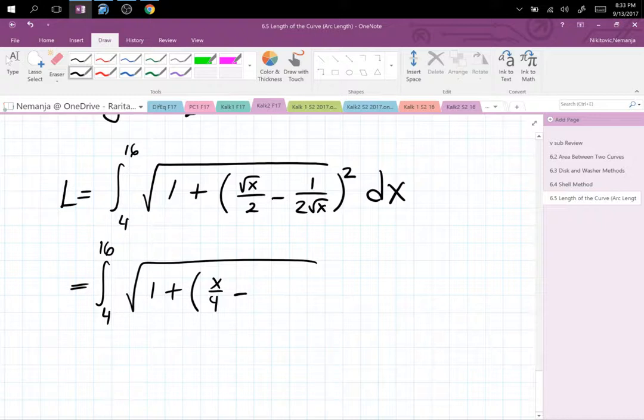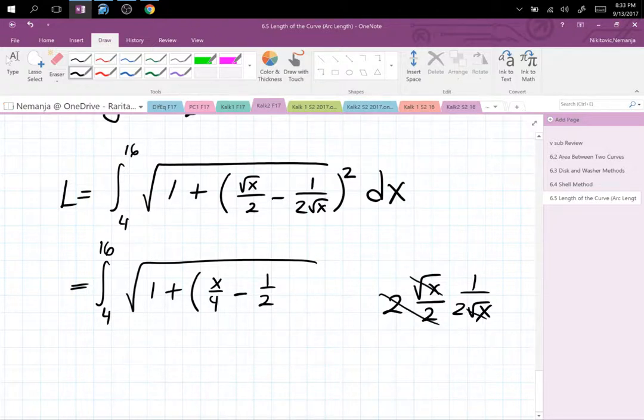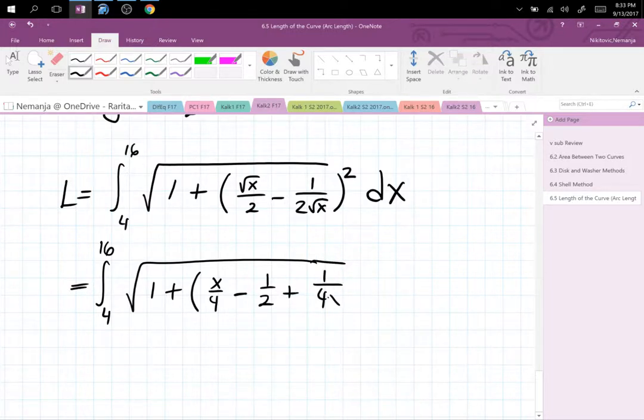Square root of x and square root of x cancel. So, do you see that it's a negative half? You have 2 times a times b. Right, 2ab is the middle term. The root x dies, you just have a half. And it's negative. And then plus 1 over 4x.